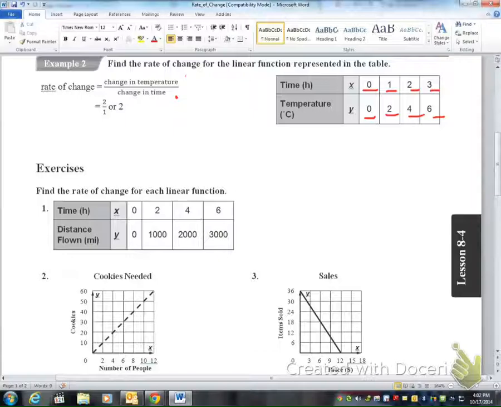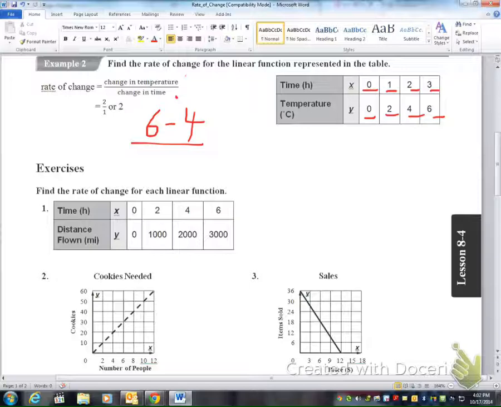So for this, you can pick any 2 values. Okay, if I look at, say, these values right here at the end, my change in temperature is going to be 6 minus 4, because it's 6 degrees at the end and it was 4 degrees at the beginning.